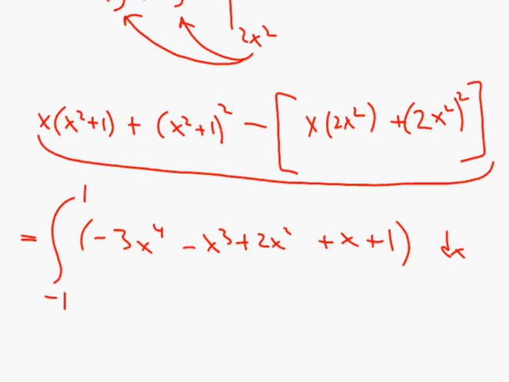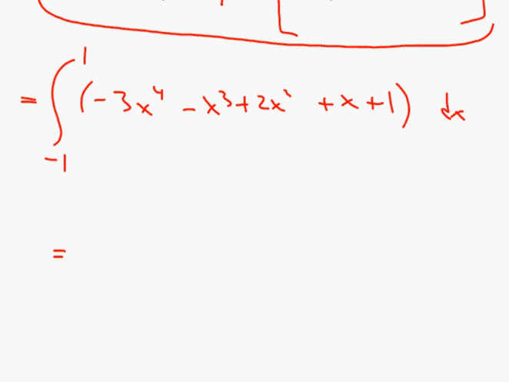All right. So that is a basic antiderivative from back in single variable calculus. You go through term by term, take the antiderivative, plug in 1, get an answer, plug in negative 1, get an answer, subtract them. When everything's said and done, you'll get 32 over 15.